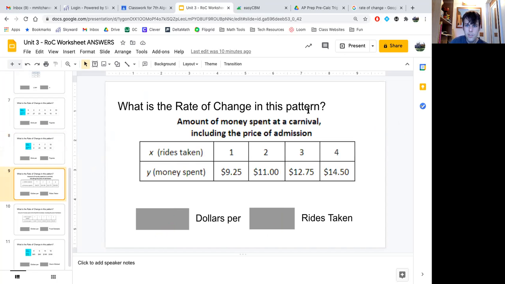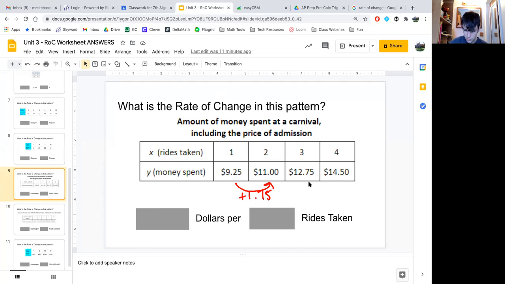All right, what is the rate of change of this pattern? We have the amount of money spent at a carnival, including the admission price. So rides taken is X, and money spent. So we're going to have dollars per rides taken. That's the way we're going to look at this rate. Now, this one's a little tricky because we're dealing with money. To go from $9.25 to $11 is actually an increase of $1.75.